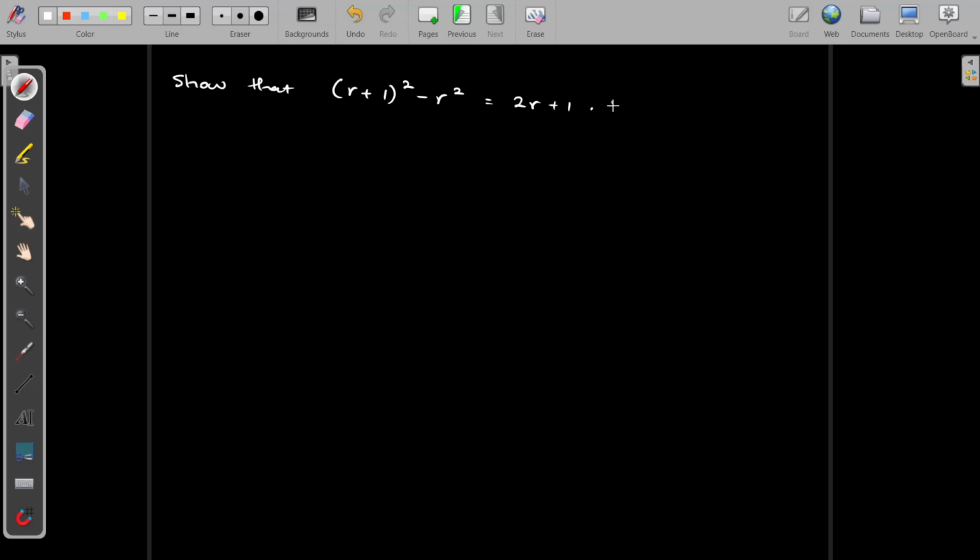Then it says, hence, find, so part A wants us to find the sum with r is equal to 1, and part B wants us to find the sum r is equal to 1 all the way up to 20.